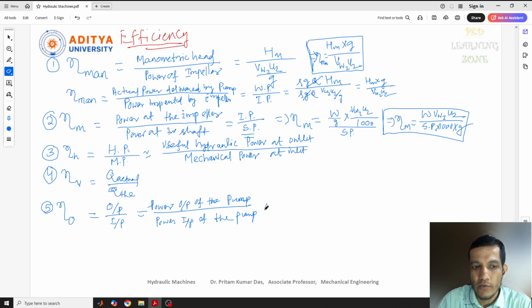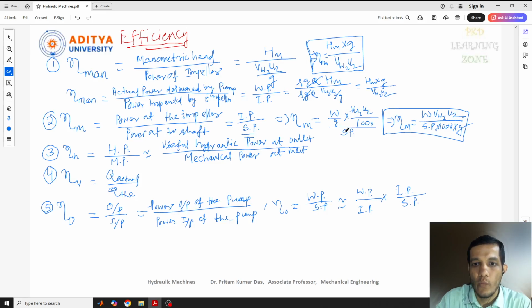Also, this overall efficiency can be written like water power by shaft power, and this one I can write again as water power by impeller power into impeller power, just multiplied, here divided, here multiplied by shaft power.